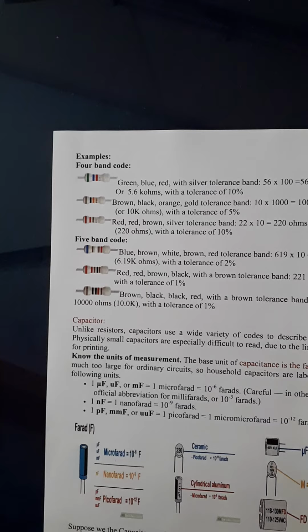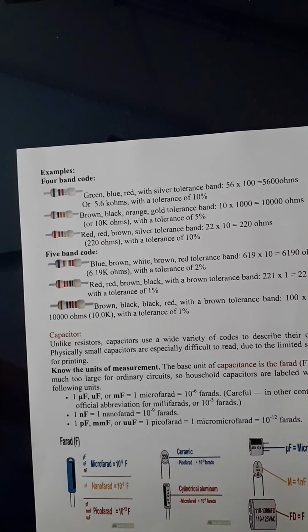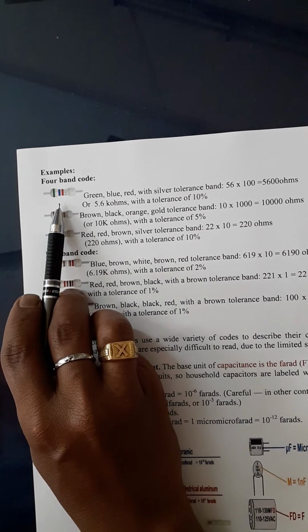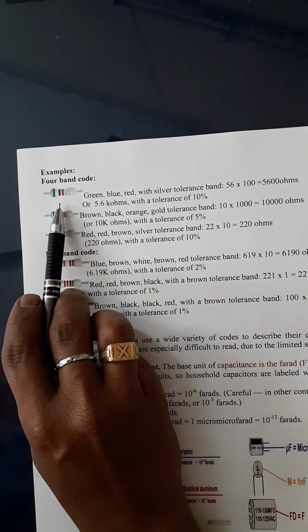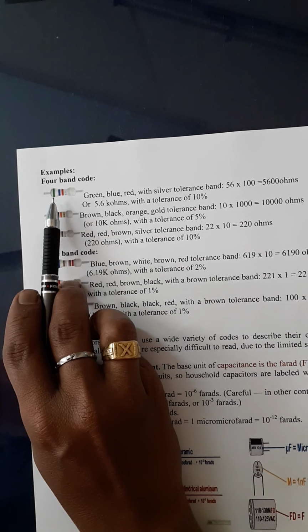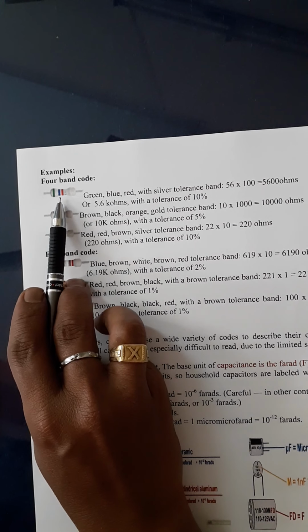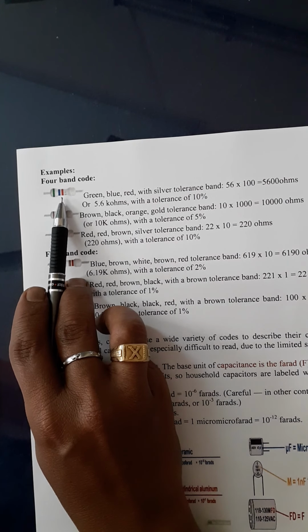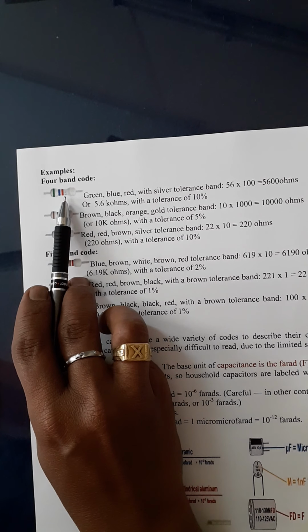The first one, I will take the first band here. So this is the first resistor, which has green as the first band, blue as the second, red as the third, and the fourth band is a silver one.